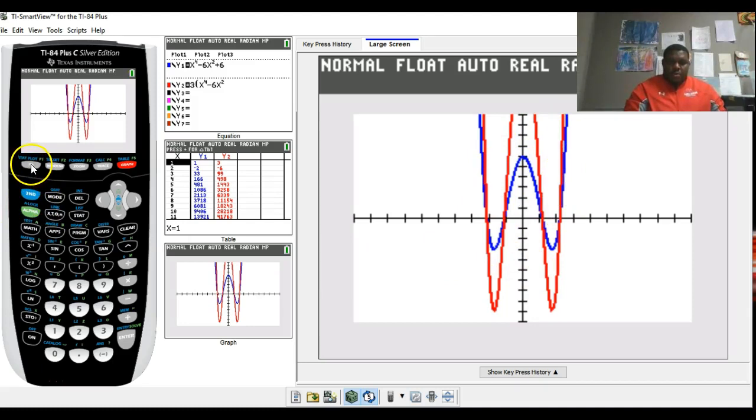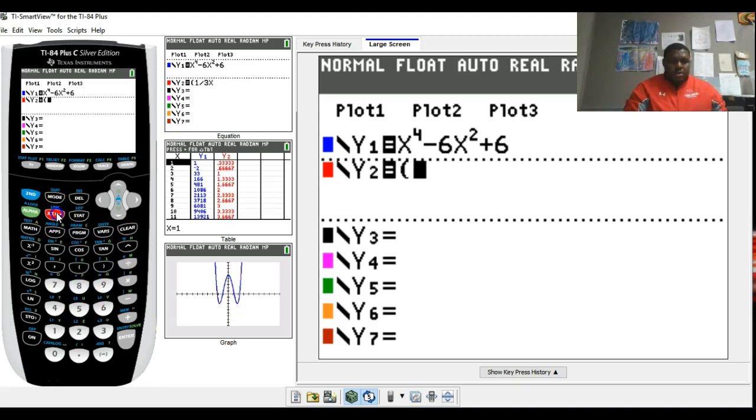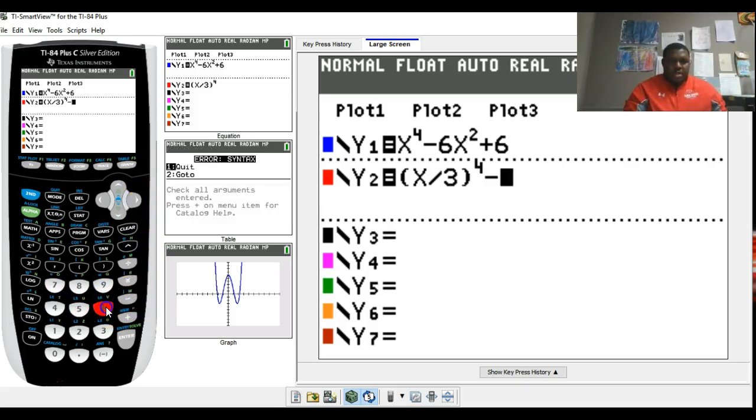Now for the other one, we have a horizontal compression by 3. I'm going to do it like this: x divided by 3, that'll be 1/3 x, because 1 times x is x. So (x over 3) to the 4th minus 6 times (x divided by 3) squared, plus 6.